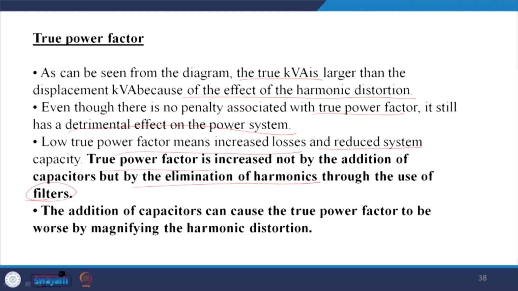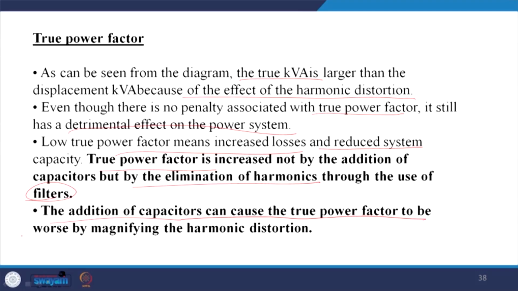Nowadays we are looking for a solution with the active filter. The addition of a capacitor can make the true power factor worse by magnifying the harmonic distortion. That is the problem with it.